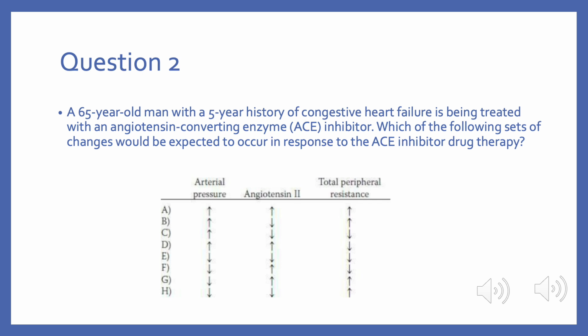So if you decrease the angiotensin II, which normally raises total peripheral resistance, then you're decreasing the total peripheral resistance, which means you're decreasing the arterial pressure. This means the correct answer for question 2 is E, the one that includes a decrease in all of the 3 parameters provided to us.